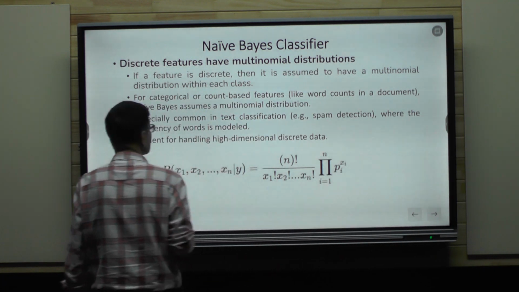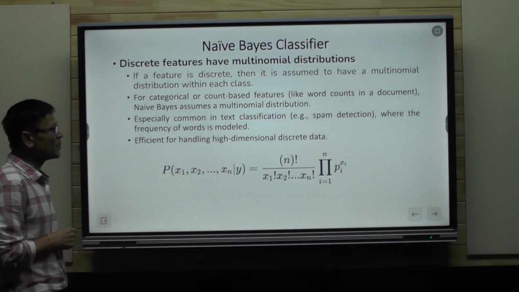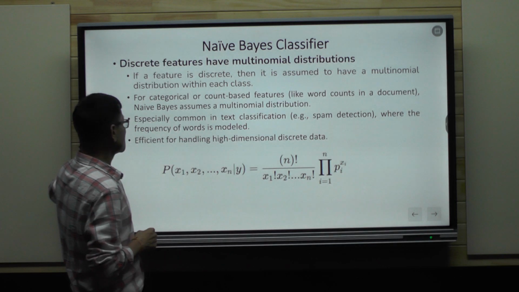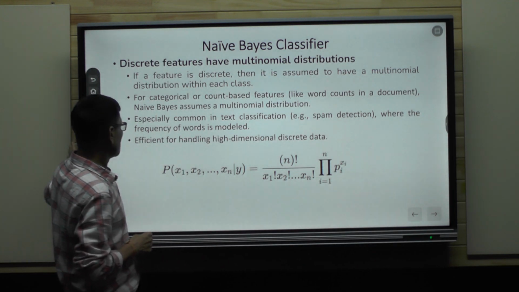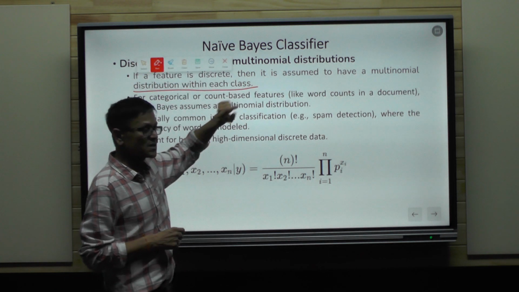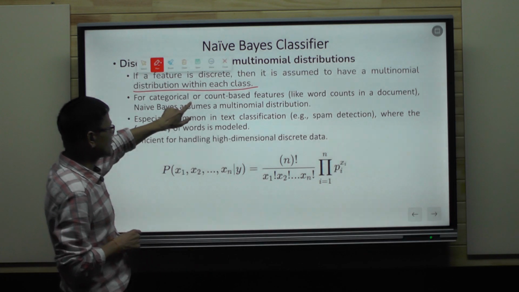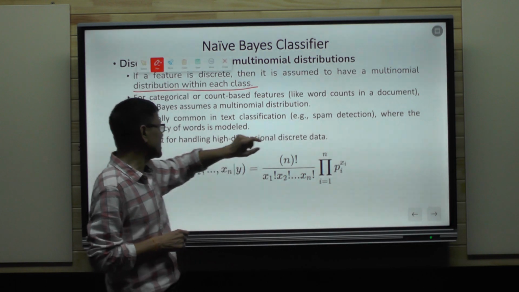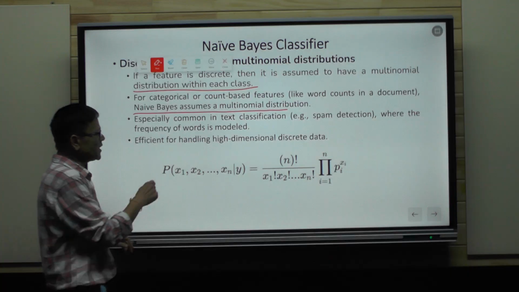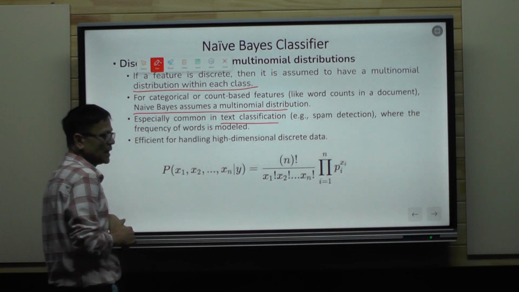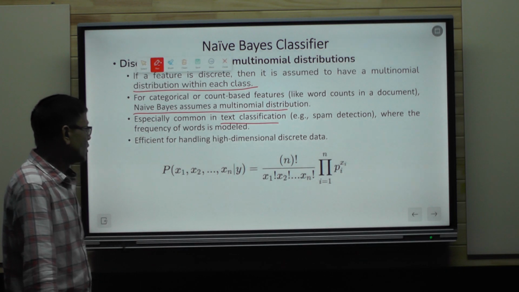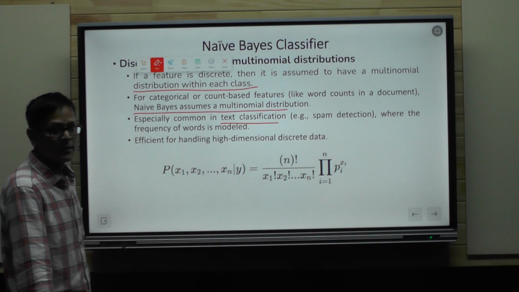For discrete features, a multinomial distribution is assumed within each class. For categorical or count-based features like word counts in a document, naive Bayes assumes a multinomial distribution. It is especially common in text classification, like spam detection, where the frequency of words is modeled.